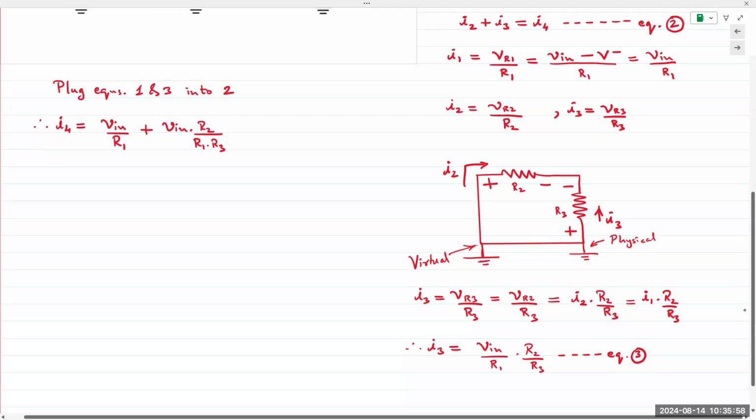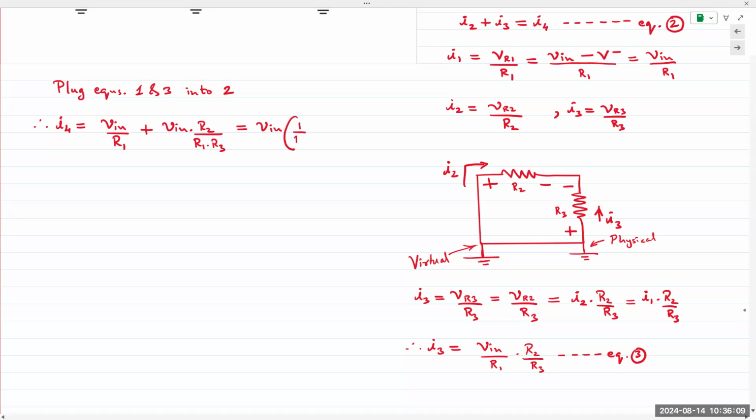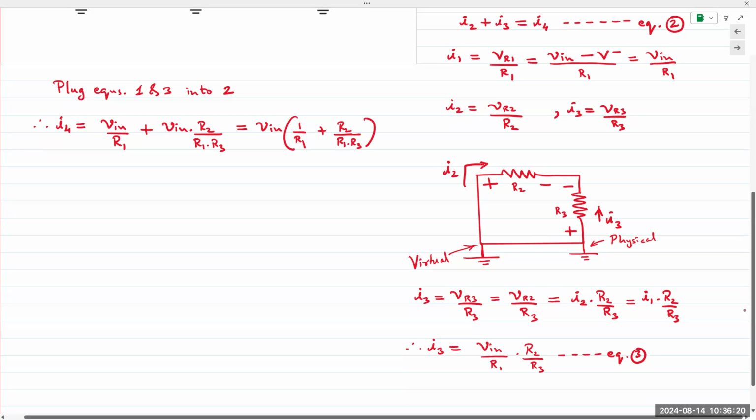V in is common, we take it outside, and we can write an expression for I4 as V in times 1 over R1 plus R2 over R1 times R3. Right now, I want to leave it at that. We won't combine it yet. We can combine it in the next few steps if we need to. But I have an equation with V in voltage and the resistances.